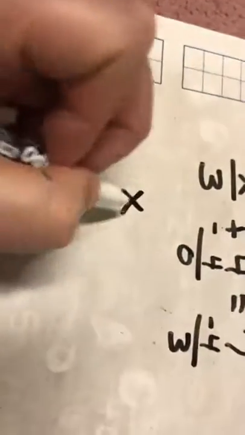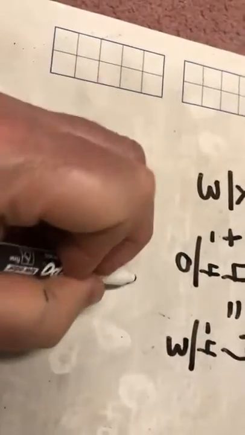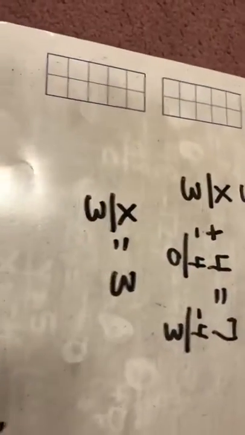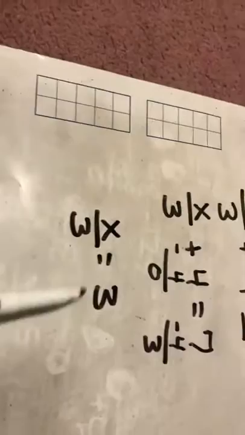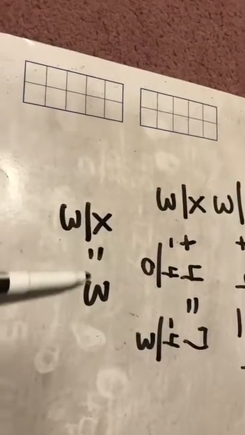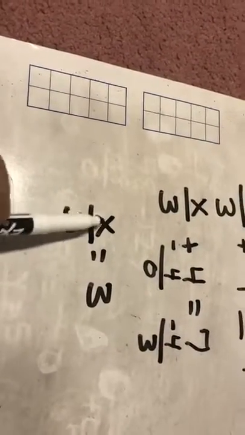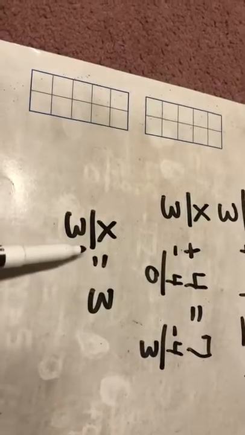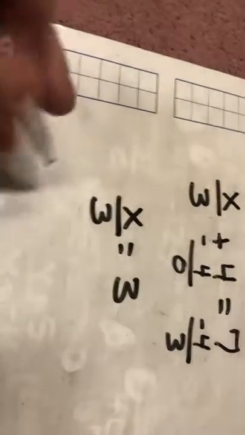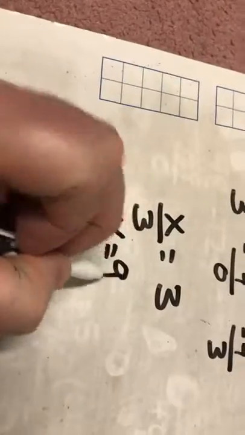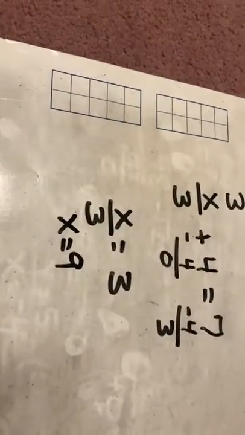That leaves me with x over 3 equals 3. Now from here, I think we can pretty much solve it. This is like something we did yesterday: with x divided by 3, I'm going to multiply both sides by 3, and 3 times 3 is equal to 9. So x equals 9 in this equation.